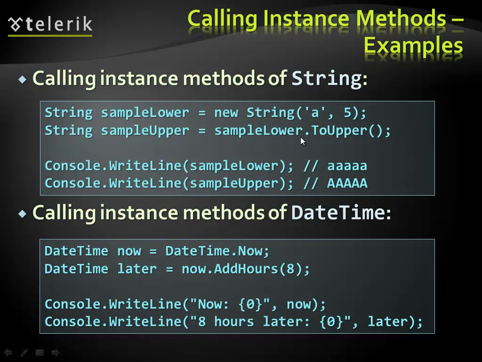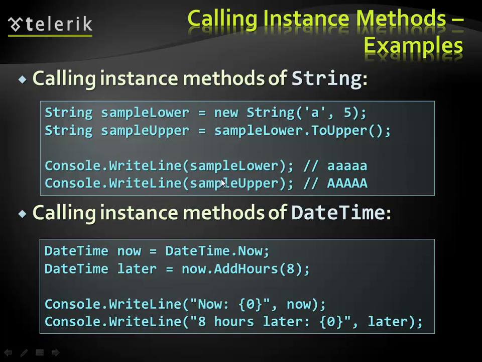We're taking the first string and calling a member method called ToUpper, which will take the string, put it all into uppercase, and return the value. We'll assign it to the second string, and this is the result when we're printing them out.